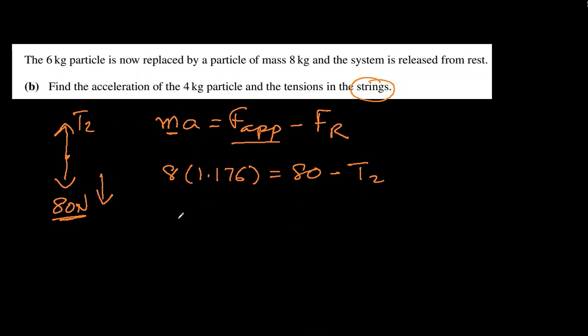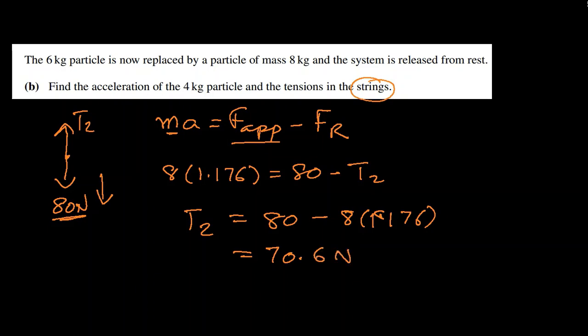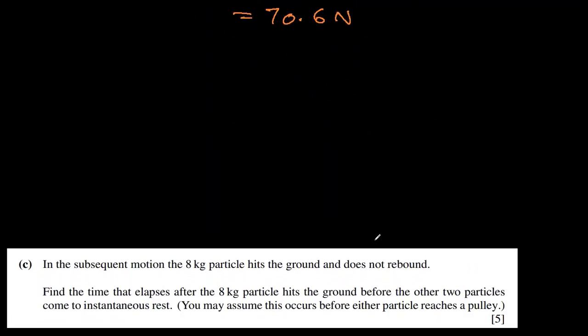So we'll bring T2 to the left side, it becomes positive: T2 equals 80 minus 8 times 1.176, which is 70.6 newtons. Alright, is there any other part? Yes. In subsequent motion, the 8 kg particle hits the ground.